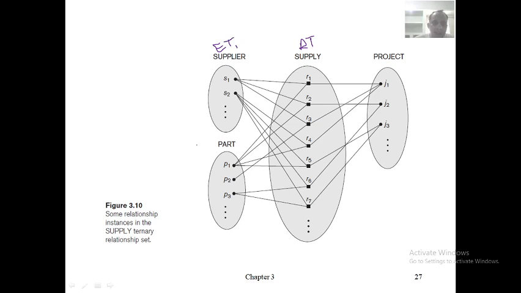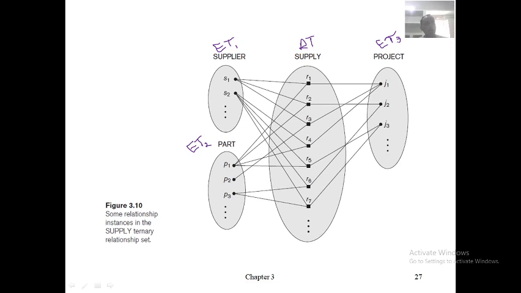This is part, an entity type, the second entity. And project is also an entity type. This is the third entity.